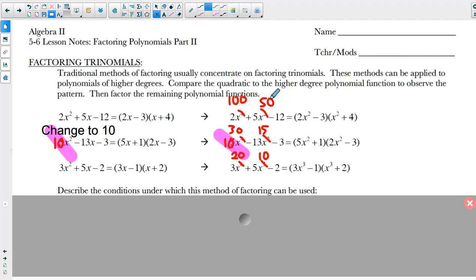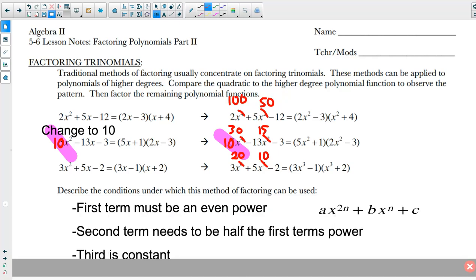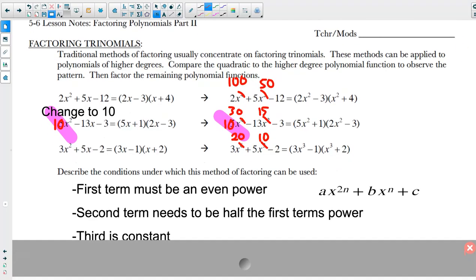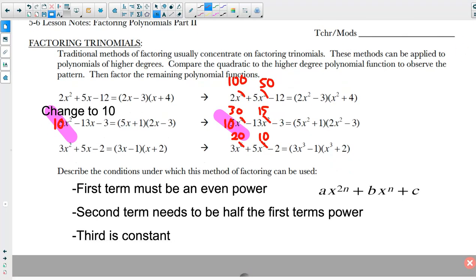And so describe the conditions under which you can apply this method. We have these 3 kind of stipulations. So first, the first term must be an even power. Kind of stated that. The second term needs to be half of the first term. Pointed that out a few different ways. And then our third is a constant.